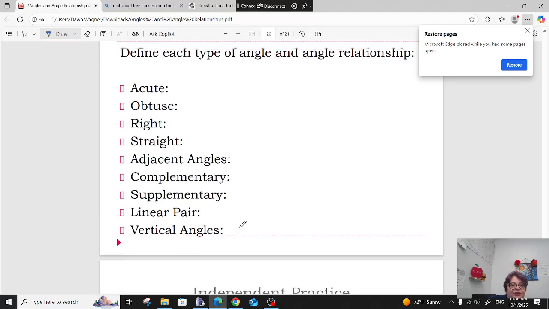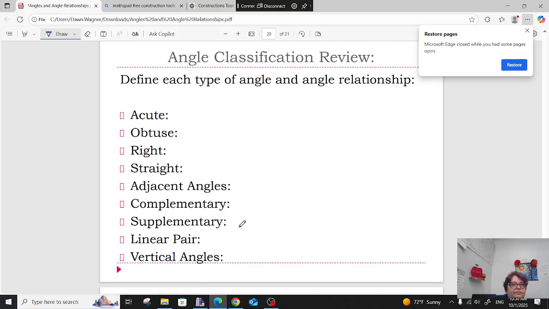Okay, so just as a review, what are acute angles? Acute, less than 90. Obtuse, yeah, greater than 90.